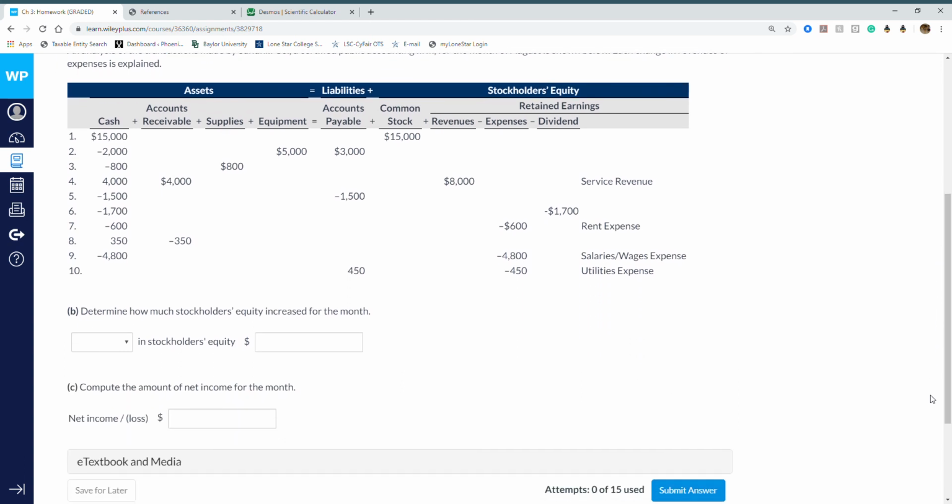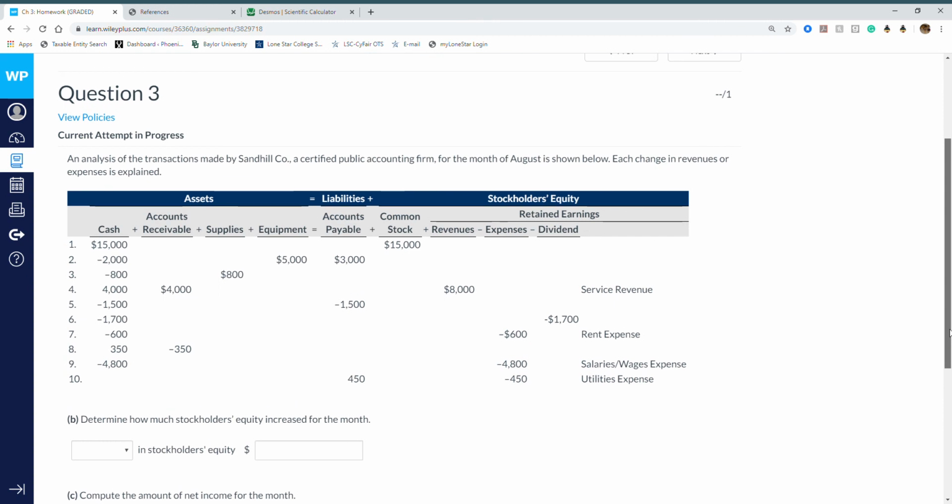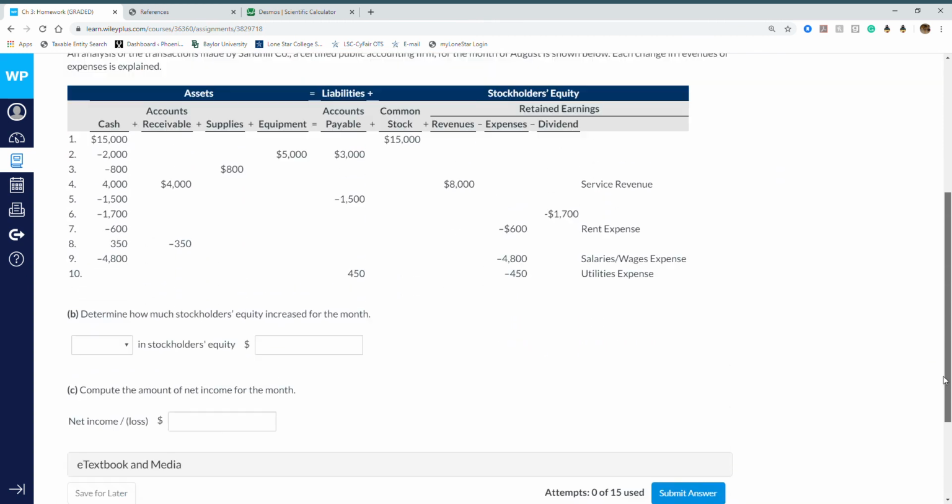First off, let's just go ahead and compute the net income. Let's do C first. Where's A? I actually do not see A.